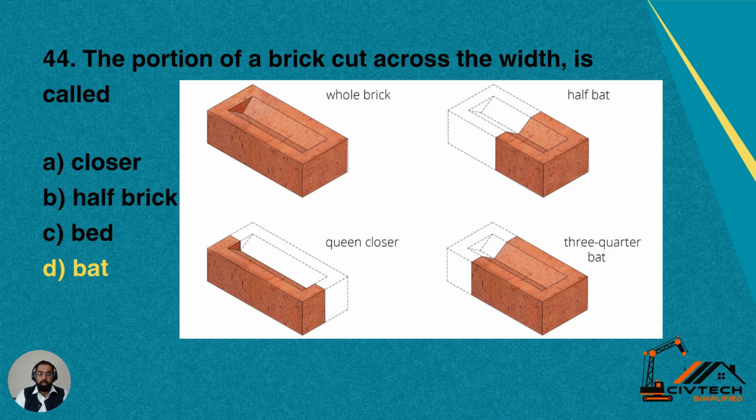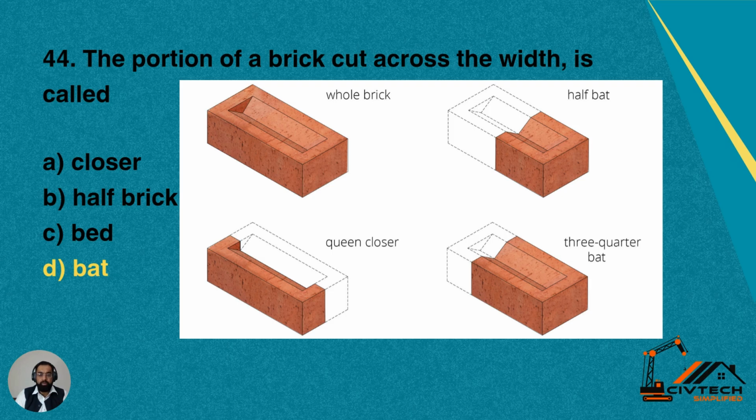Bat is always cut across the width of the brick. So I have shown the picture. The top left one is the whole brick, you can see, and then half bat. Half bat is cut across the width. And then on our lower left picture, it is queen closer.